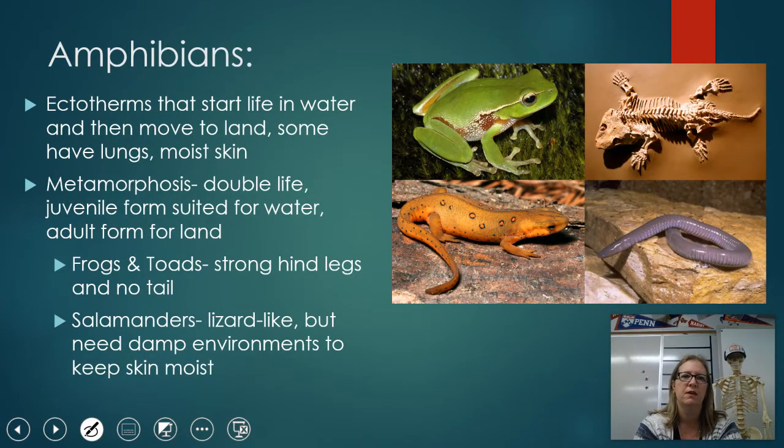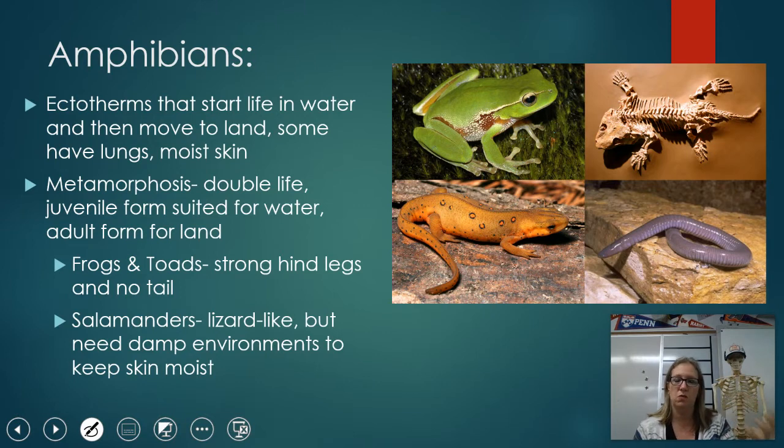All right, into amphibians. So we're getting a little more complex. These are still ectotherms. They still rely on the environment to control their temperature. But eventually they develop lungs. So kind of the key feature of these amphibians is they start life off in the water with gills.